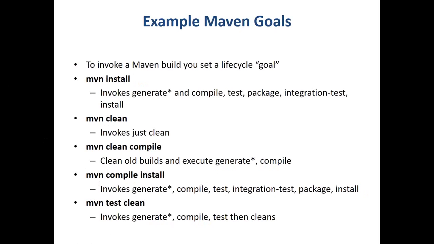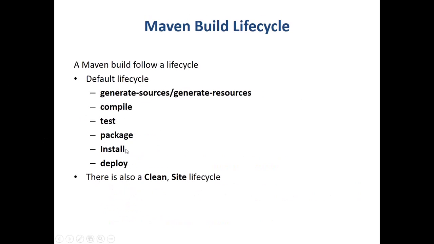It has to come from the beginning where it has to generate the resources and compile. But Maven is smart enough not to do the duplicate work again, because when you say install, it is actually going to do the compile as part of it, right? So when I say install, it is actually going to come through compile. In the same way, if I first execute compile and then run install, for install, since compile is a dependency and you have already executed it, it is not going to run it once again.